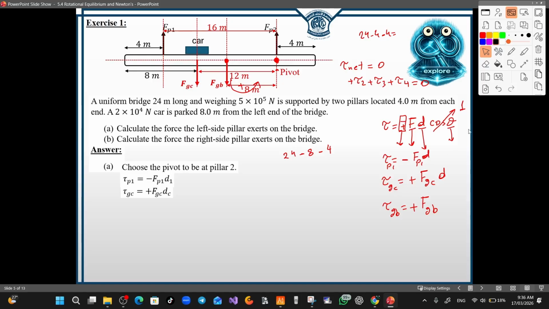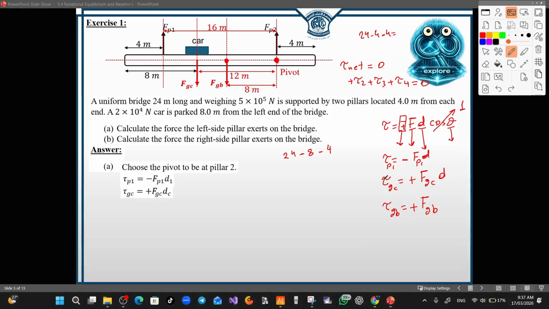And why is the distance 8 meters? Because the force here, the FGB, is the force of gravity on the bridge, and it's acting at the center of mass of the bridge, which means at the midpoint. So the distance from here to the end is actually half of the total length, which means 12.